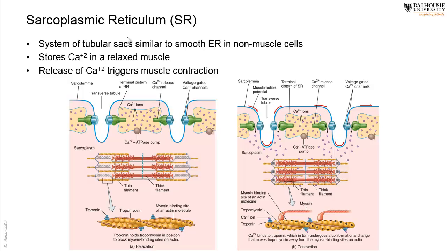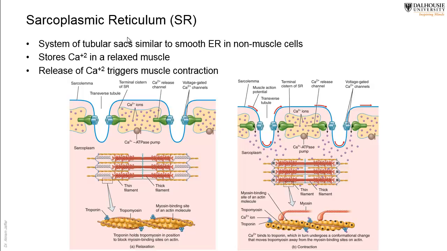So, as I mentioned, there is a very rich network of tubular sacs, which is the smooth endoplasmic reticulum that contains calcium ions, and whenever there is a signal, an electrical signal, the endoplasmic reticulum will release the calcium into the cytoplasm.